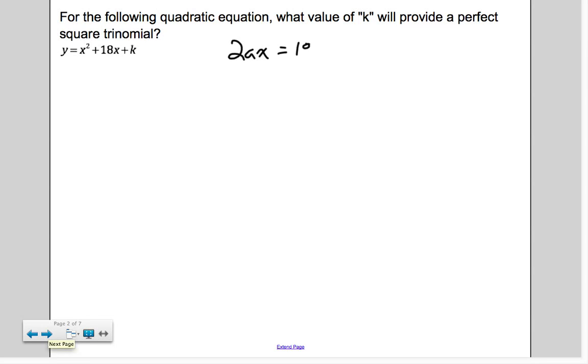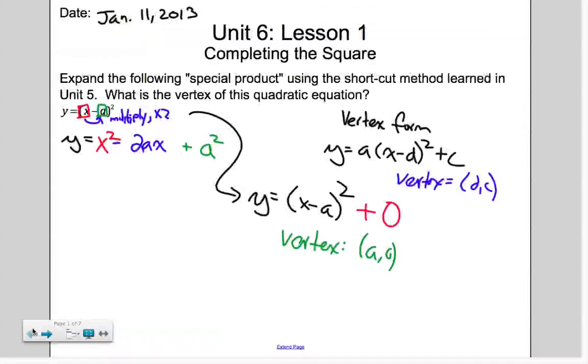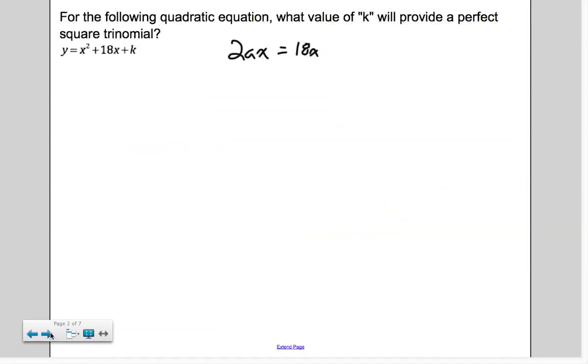It's equal to 18x. So we want to know what a is. A happens to be a squared, which is what the value of k is. So we want to solve for a. We divide both sides by 2x, and we have a is equal to 9, right?